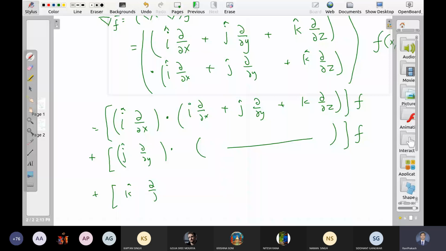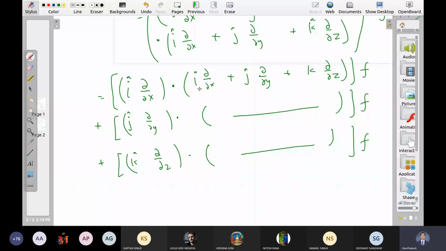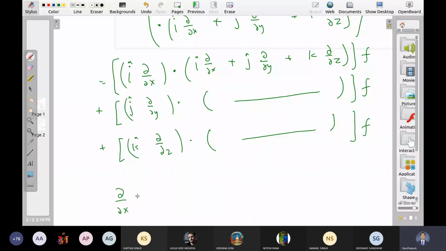Now I cap dot I cap is 1, I cap dot j cap is 0, I cap dot k cap is 0. So what do we have from first part? Del over del x on del over del x. Second term is del over del x, del over del y, and I cap dot j cap.